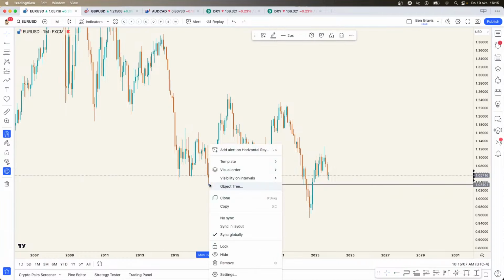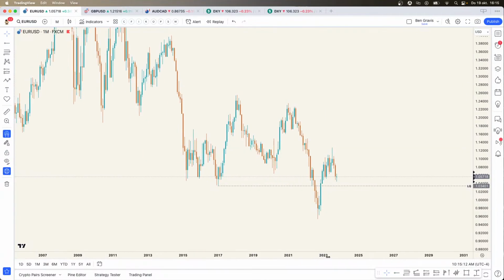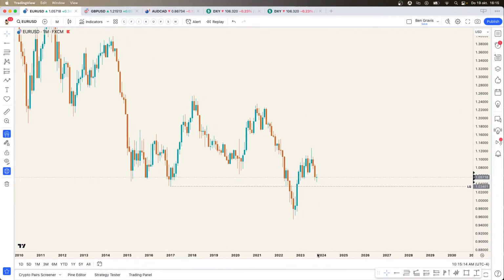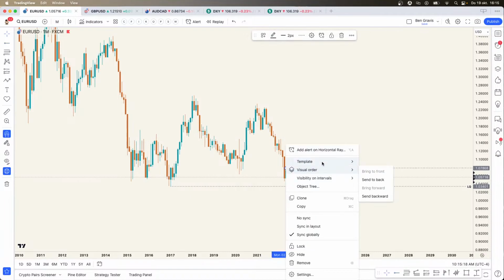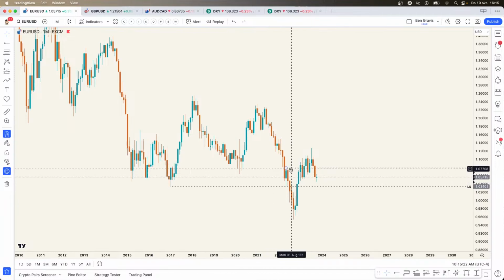Took this liquidity level over here. So the target was the liquidity over here. So once it takes liquidity below, comes back inside, the root of this move was over here.